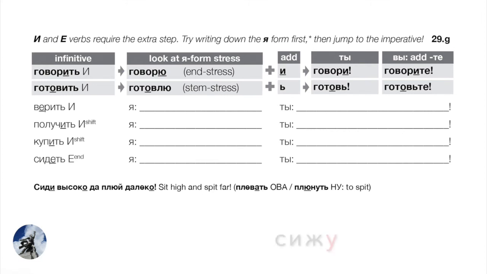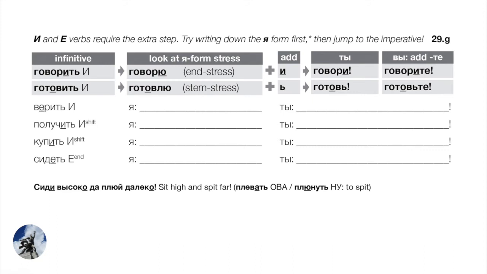Я сижу, right? That implies сиди, right? Remember, we're starting with сидят. We drop the yat, we're left with сид, ending in a de. And because it's сижу, we add stressed e, that gives us сиди. Сиди высоко, да плюй далеко. Sit high and spit far.